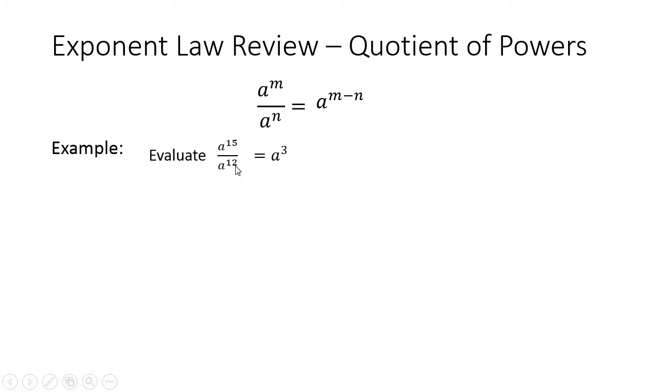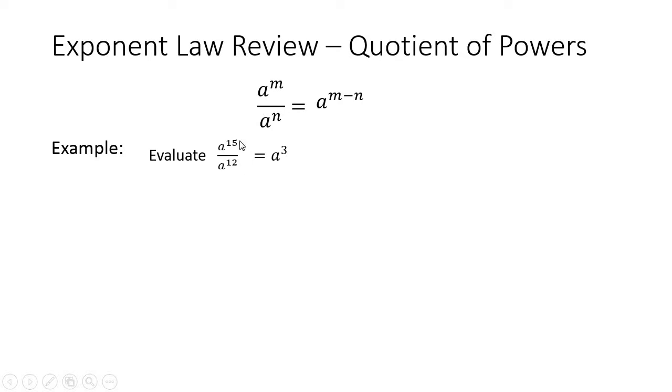Say your 15 was on the bottom and your 12 was on the top. Well, then you could do 12 minus 15 and get negative 3. That's fine. But then it's actually standard practice to not leave a negative exponent in your answer. So you would rewrite that as 1 over a to the 3 if you remember one of the previous lessons.